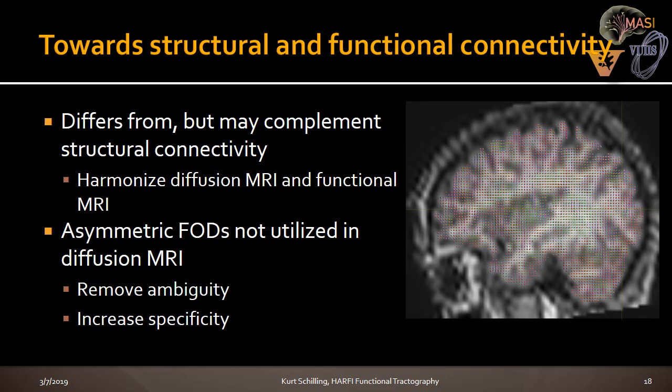This ambiguity in diffusion data can lead to both false positives and false negatives in tractography. So some potential interesting future work could potentially develop an appropriate tracking strategy that uses these asymmetric HARFI distributions in order to evaluate the sensitivity and specificity of the resulting tractography.